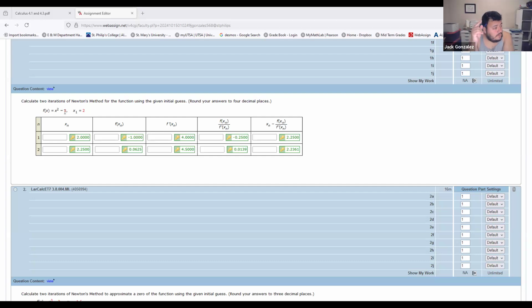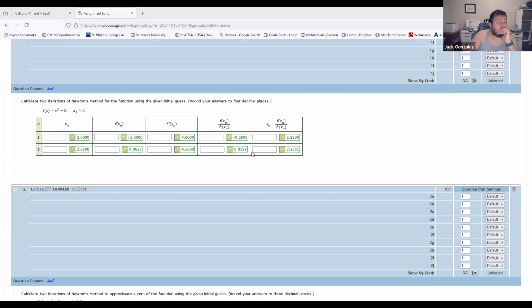So what Newton's method is doing is approximating your zeros. You know how when you have a TI-84 or whatever, you have your graph, you can find your zeros on there. So it's most likely using a formula like this.